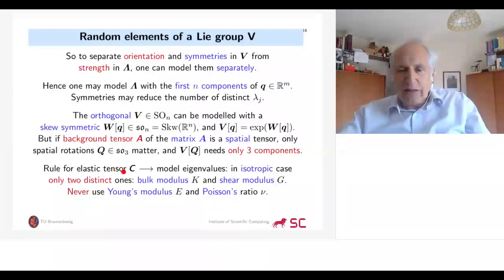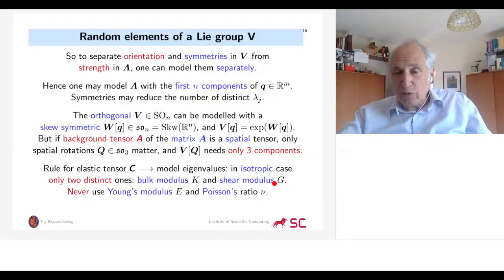For instance, the elastic tensor is a 4th order tensor operating on symmetric tensors, namely the strain, giving another symmetric tensor, the stress. In the isotropic case, there are only 2 distinct eigenvalues: the bulk modulus, which has multiplicity 1, and the shear modulus, which has multiplicity 5. So all you need is 2 random variables which model these 2.